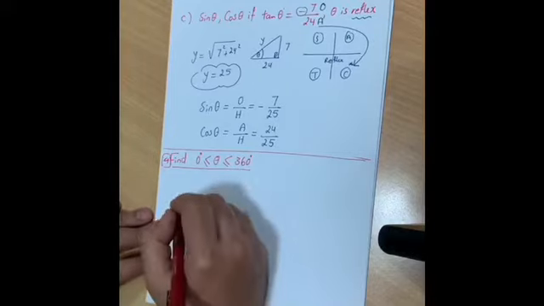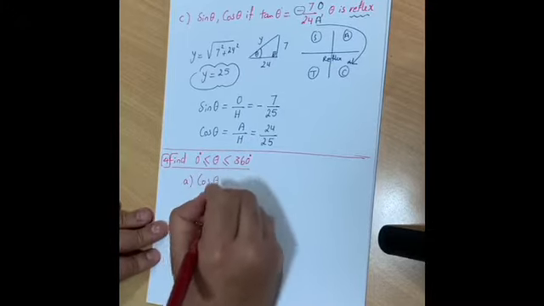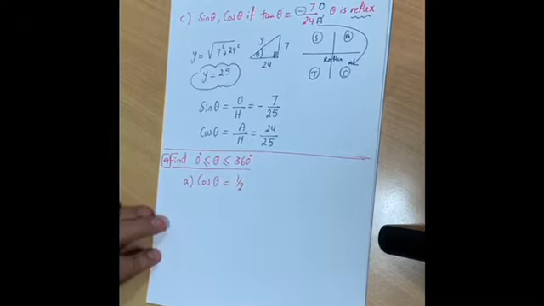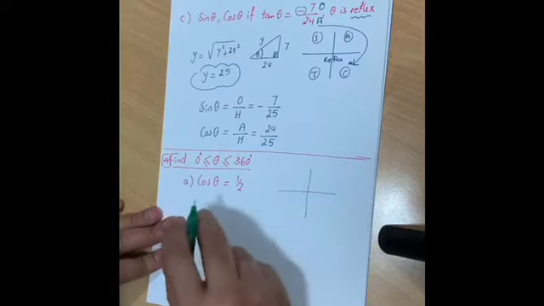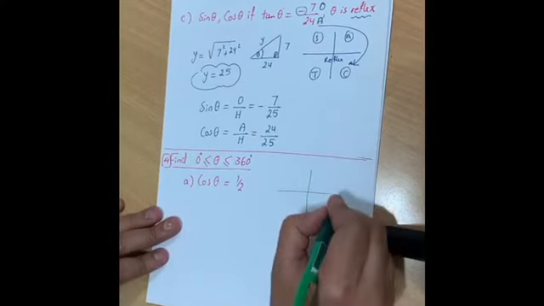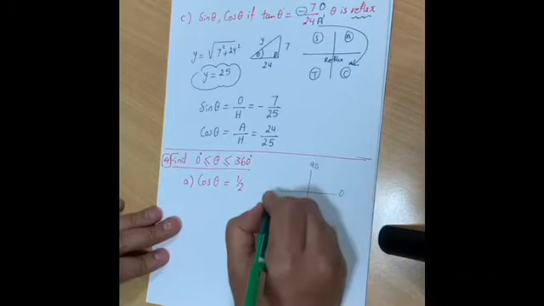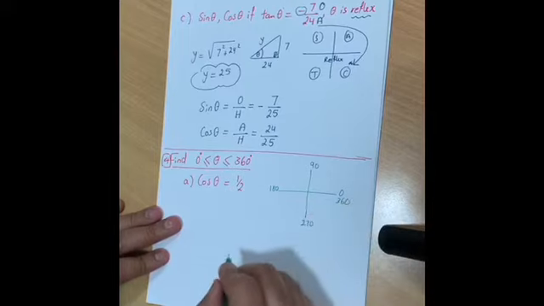Which satisfy, first one, cosine theta equals half. Based on the quadrants, we have to state first of all the quadrants where we're going to find the angles: 0, 90, 180, 270, and 360.